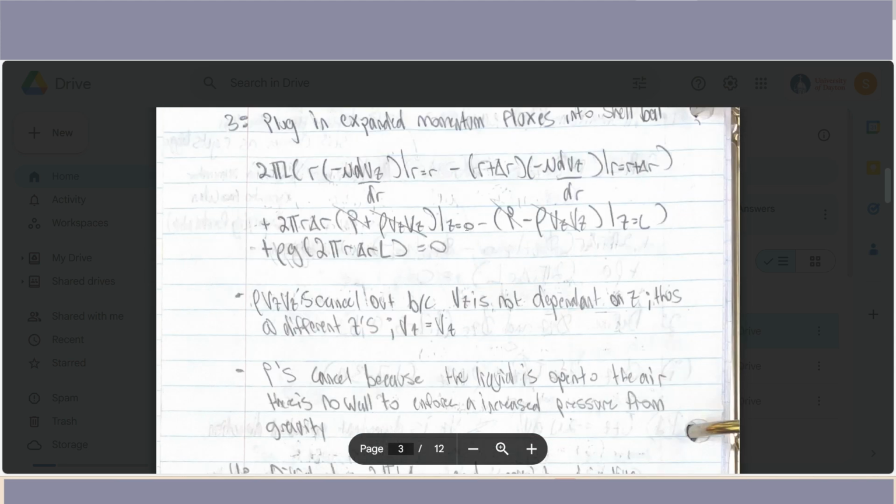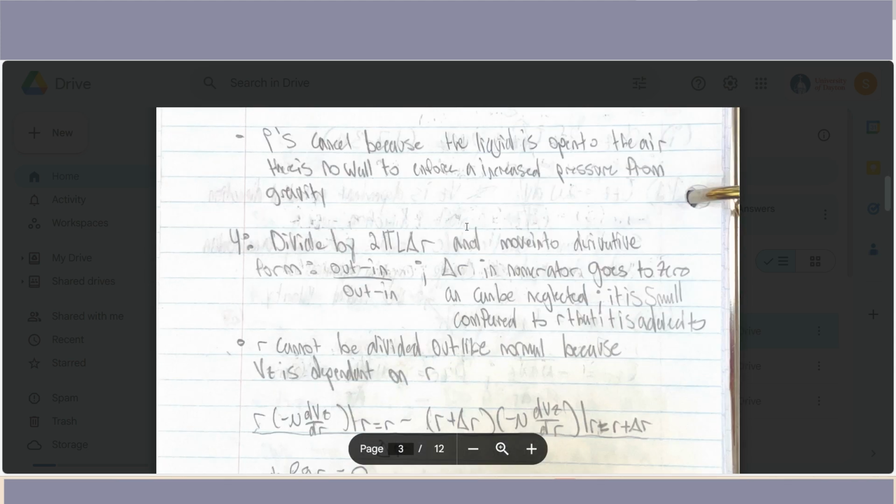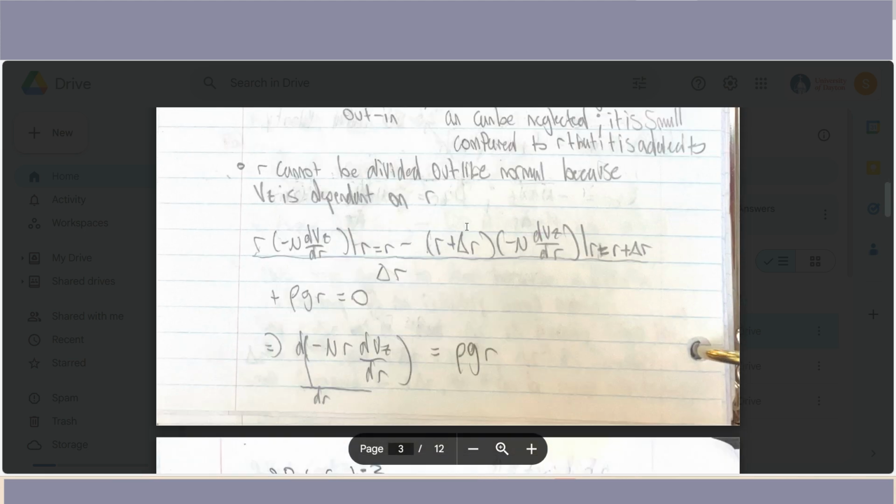Yeah, but that ends up not really mattering, because R plus delta R divided by delta R is basically equal to R divided by delta R. Why is that?